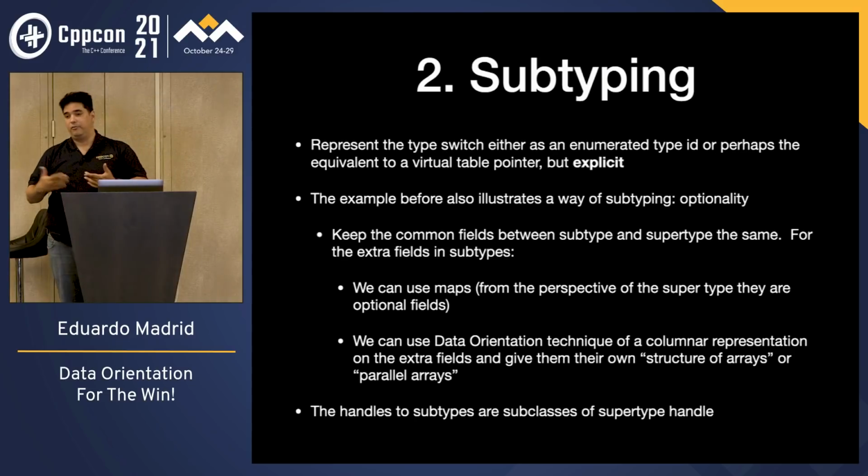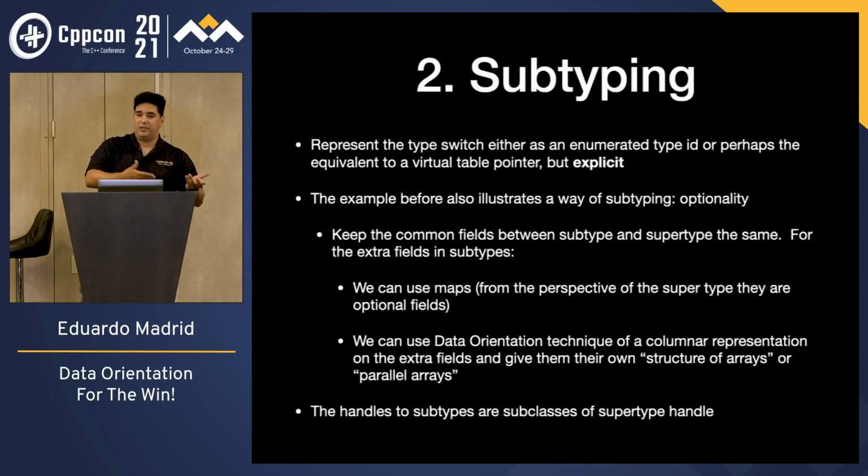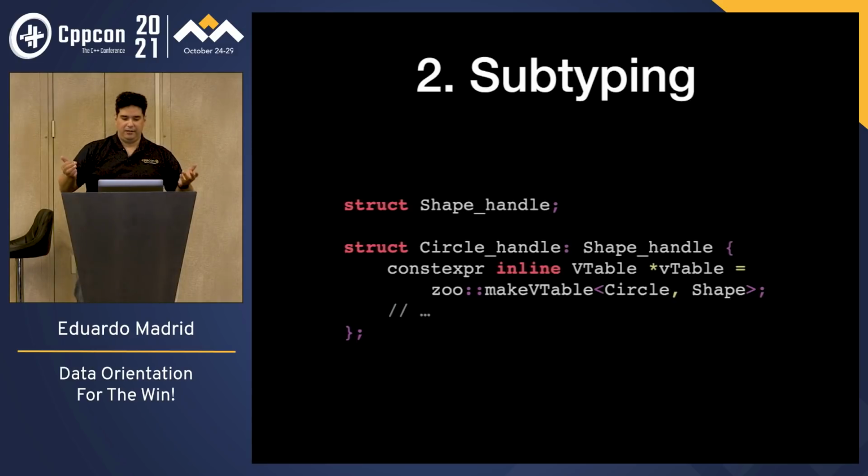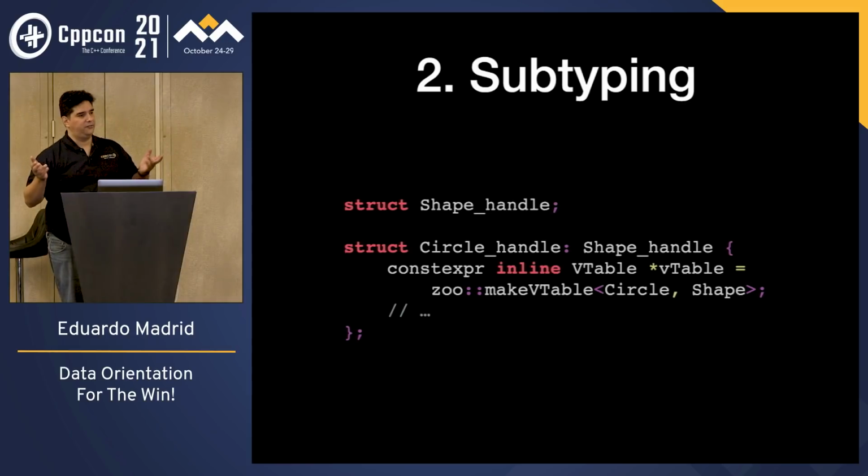Finally, you can also recur to doing the same transformation of making the scattering or the columnar transformation of the extra fields that a subtype presents to you. Now, what do we do with the handles of subtypes? Like, for example, what would be the handle of a circle if we had the handle of a shape? I think that this is something that fits the bill just fine.